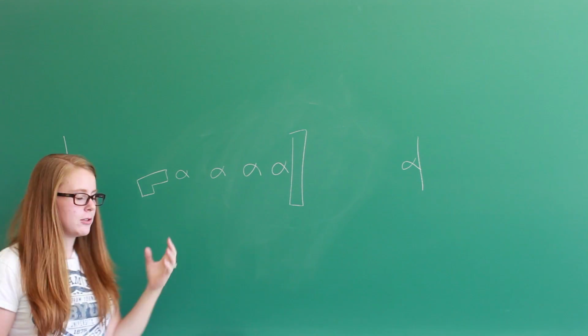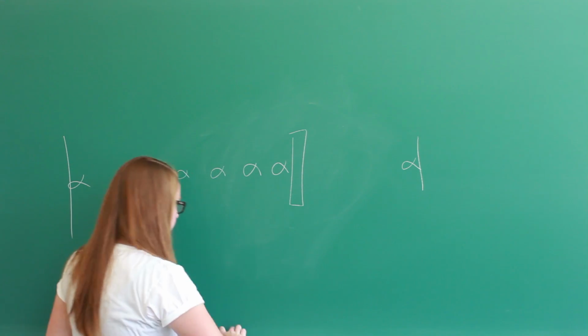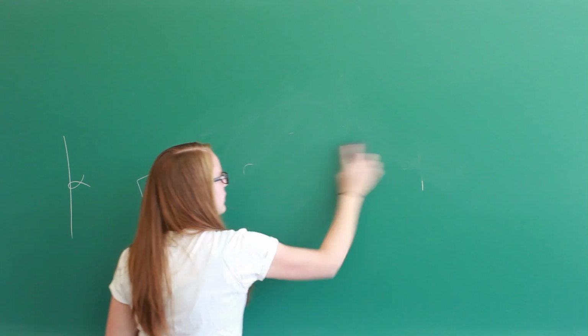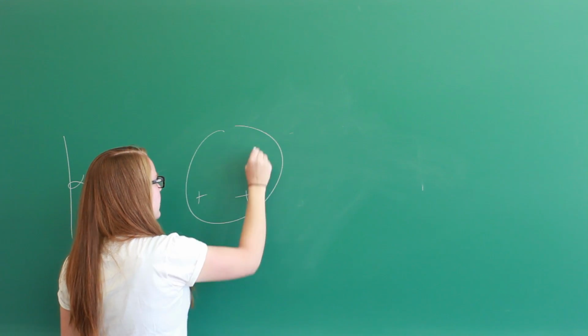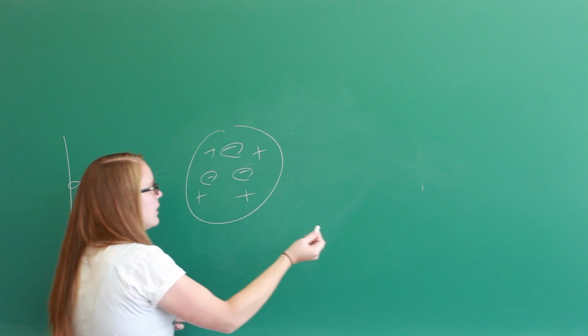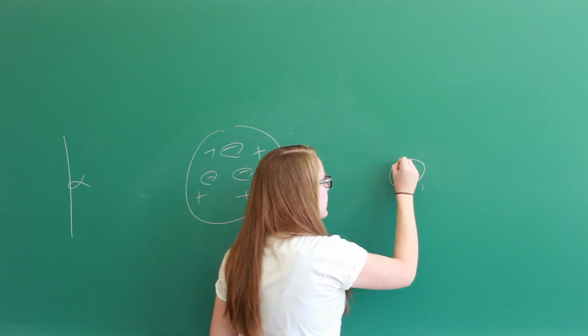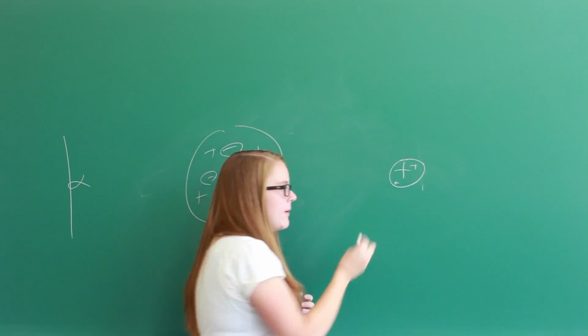So what they discovered with this was that instead of the positive charge being all spread throughout like in the plum pudding model, they determined that it has to be all concentrated in one nucleus.